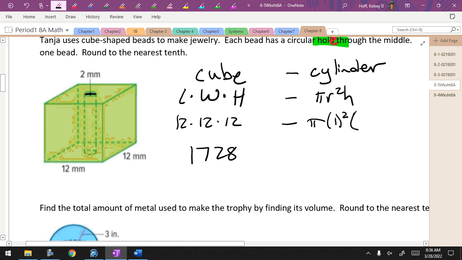And how tall is my cylinder? 12. It's as tall as that cube is. Nicely done. Okay, on your calculator. 1 squared. Answer times 12. Answer times pi.